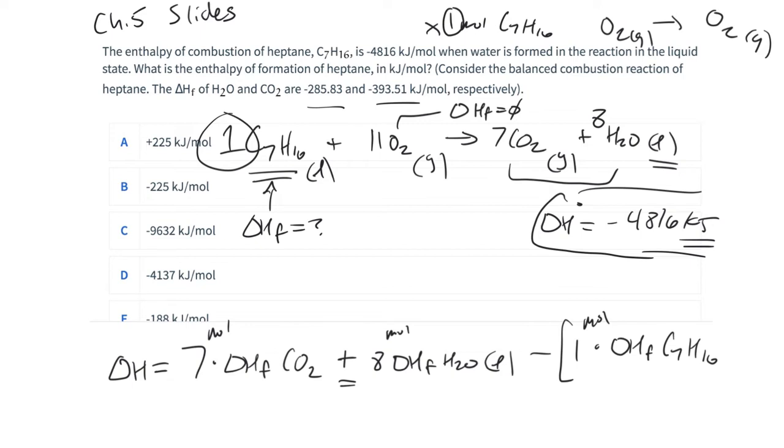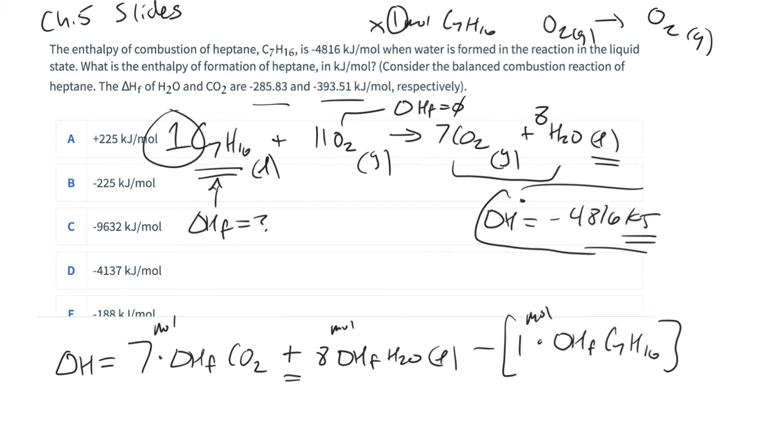Then there are a few that are complicated, like phosphorus and sulfur, that usually aren't asked about, and even more complicated ones like carbon, graphite, things like that. So there are some tricky elements. We tend not to quiz you on the delta HF of the tricky elements, just the more common ones. So I would just leave it at this, and this would equal minus 4816 kJs.